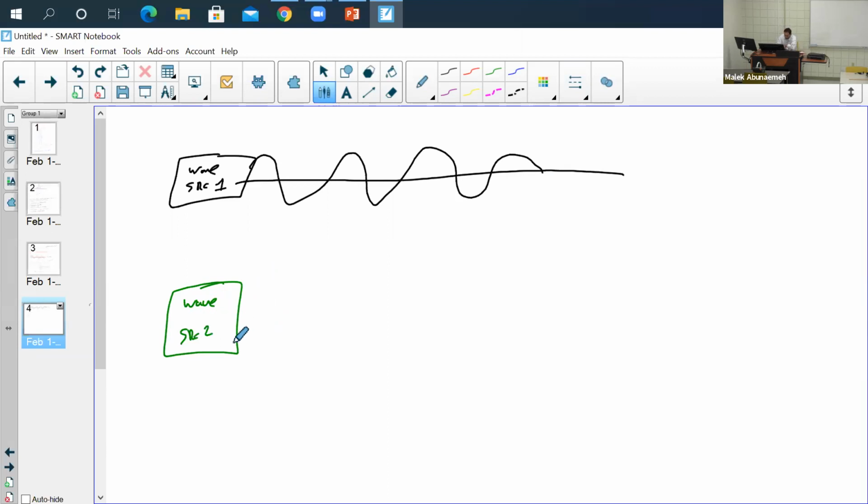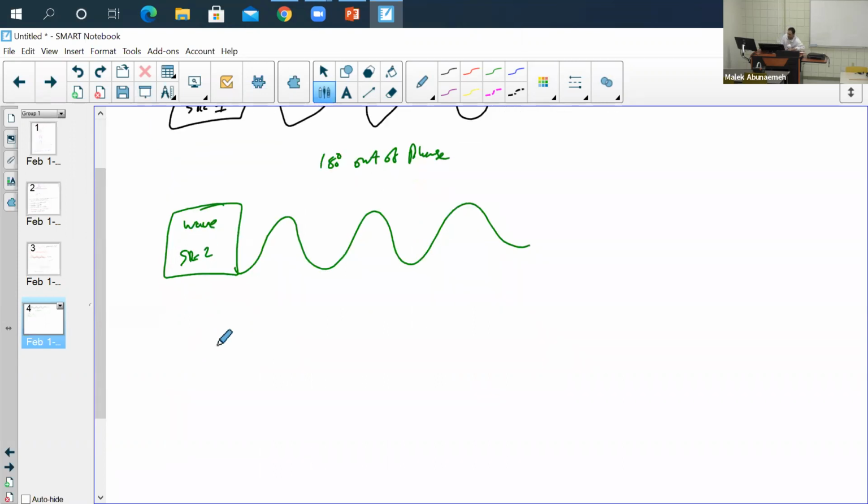Now, this one's going to be out of phase. So let's say it's 180 degrees out of phase. So let's say this one goes from the bottom. So what would happen? Let's say you take this wave. Let's say this is going to be your interference, 1 and 2.